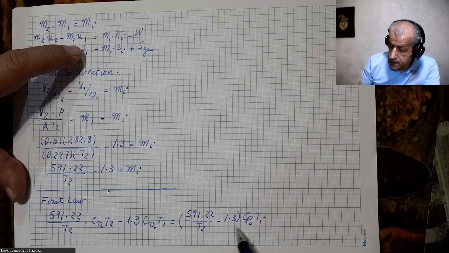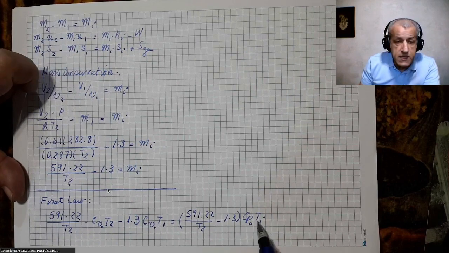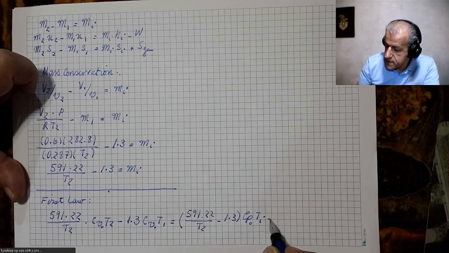Look, here it was u, so it was Cv0 T, and here it was h, so it is Cp0 T, and minus W.